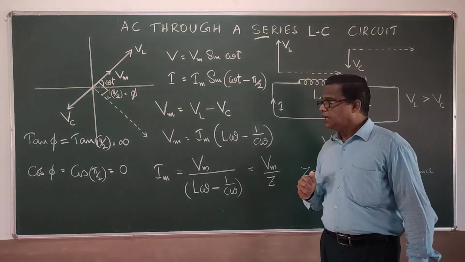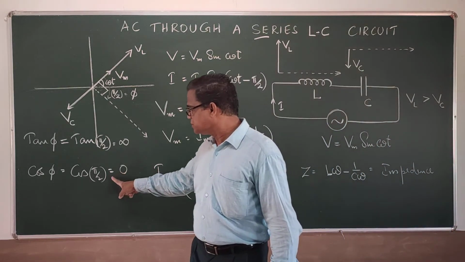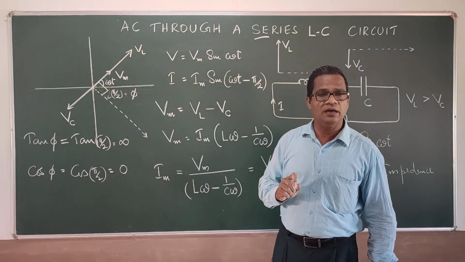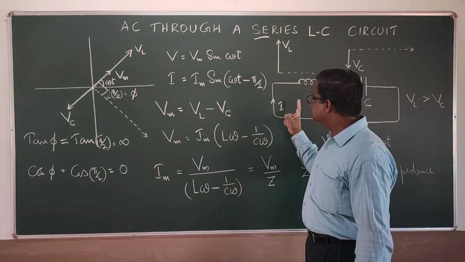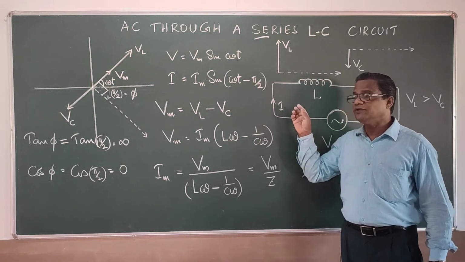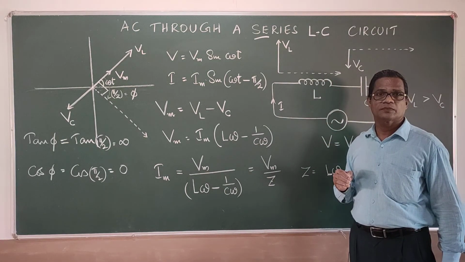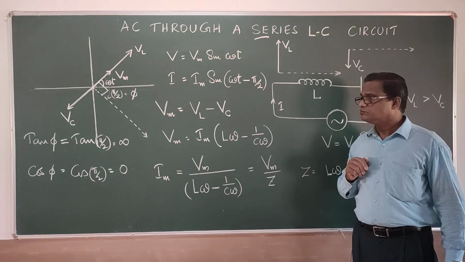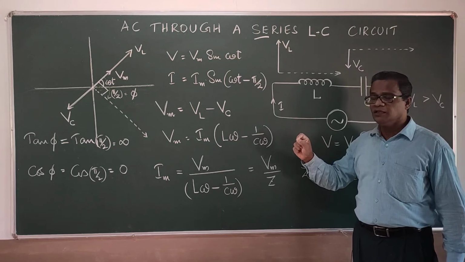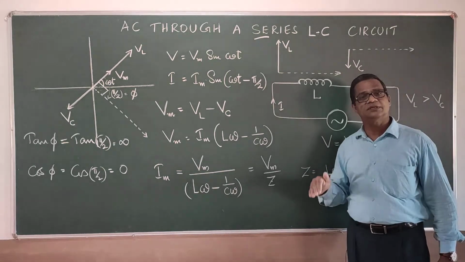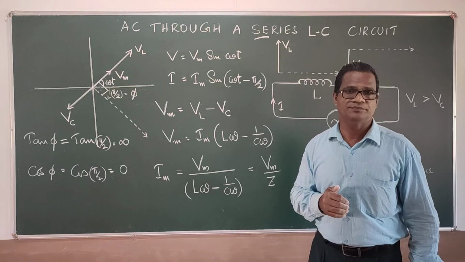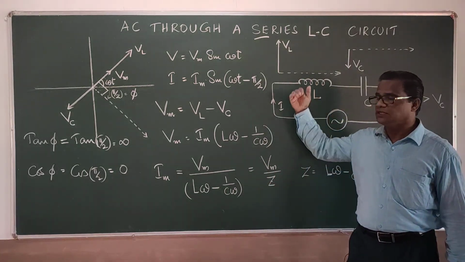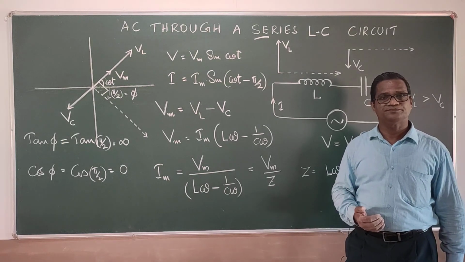And the power factor being 0, you can conclude one more thing: that this circuit does not involve a resistor, only a pure inductor and capacitor. Only if there is resistance in the circuit is power developed. That's another fact we can identify from the three circuits we discussed.